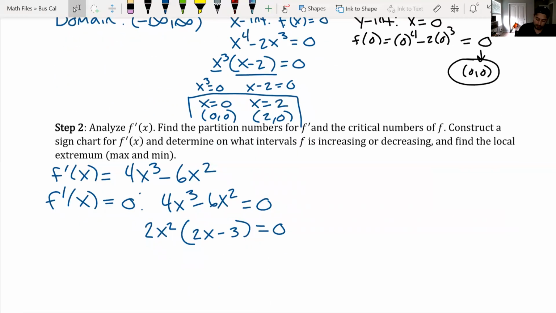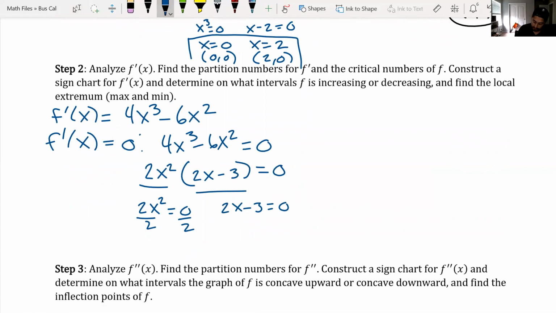Then set these both equal to 0. 2x squared equals 0, 2x minus 3 equals 0, and then divide by 2, divide by 2.